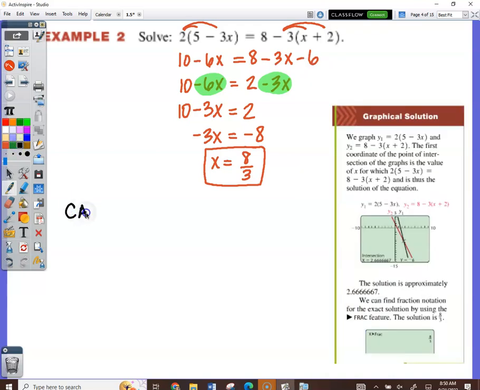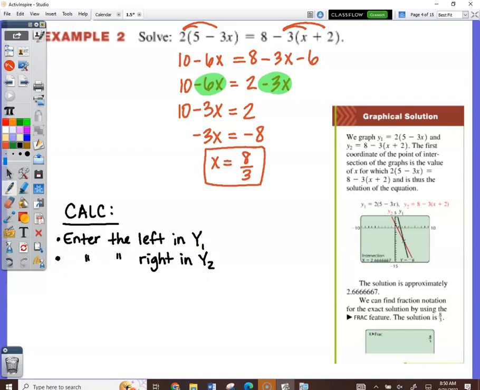If you want to use the calculator, enter the left in y1. When I say the left, I'm talking about the left side of the equal sign. Enter the left in y1 and the right in y2. Then zoom standard, which is zoom 6, and you're going to second calc intersect.